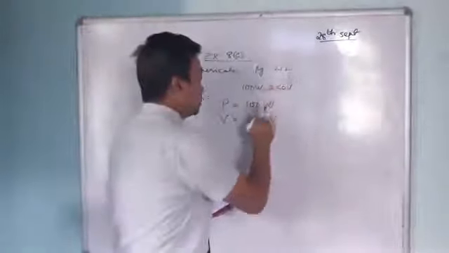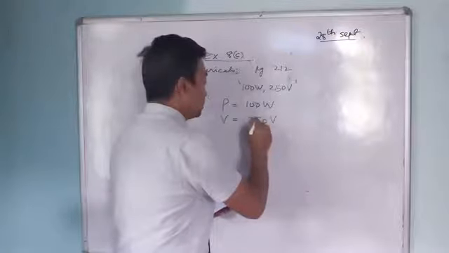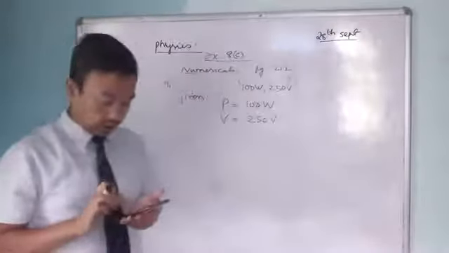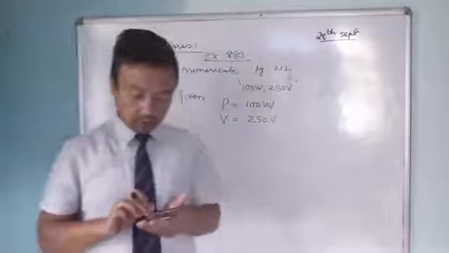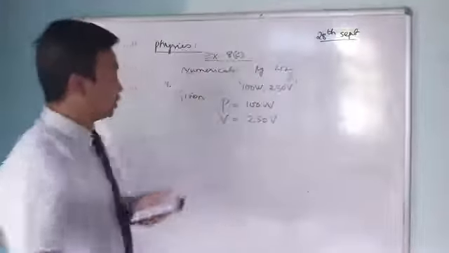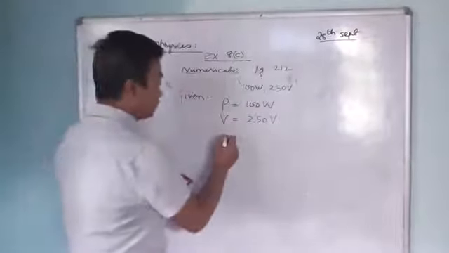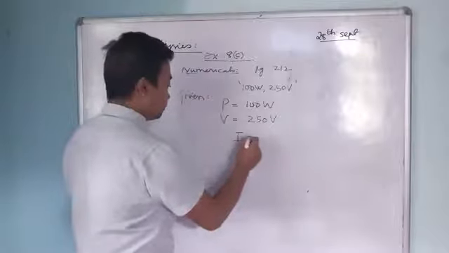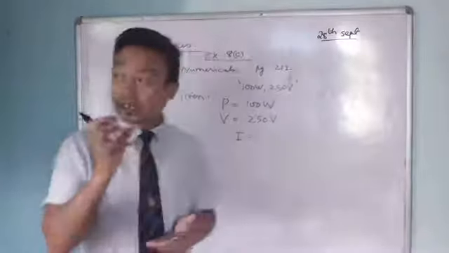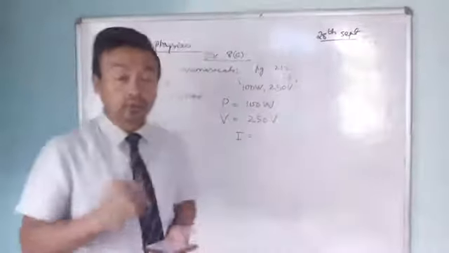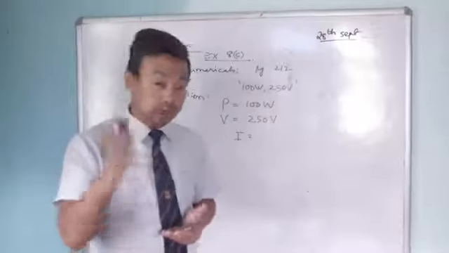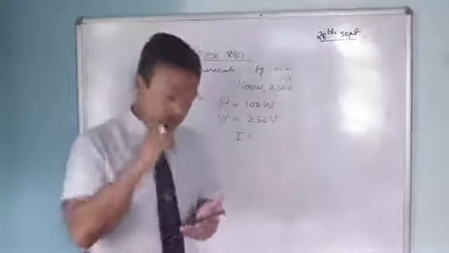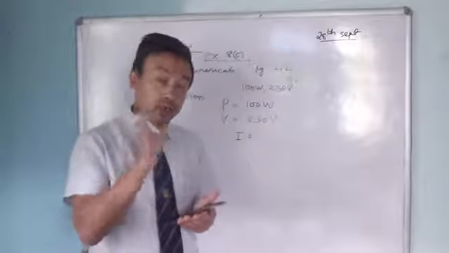Please make that correction. It is 250. Yes. How much current will the bulb draw if it is connected to 250? So you have to find the formula for the current. So which formula will you use here? Now this is very, very important, because the application of the formula, okay, knowing the formula is one thing.